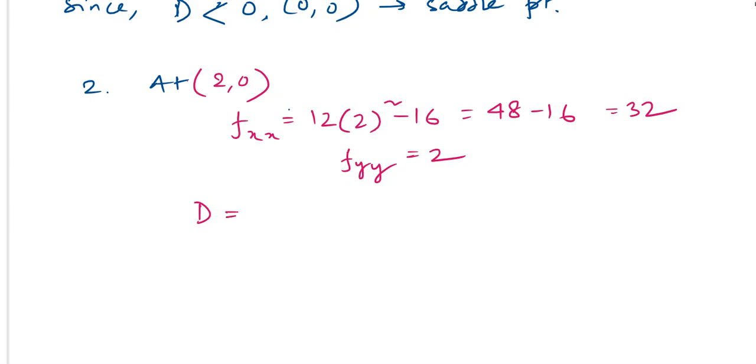D equals 32 into 2 minus 0 square, so the value is 64.